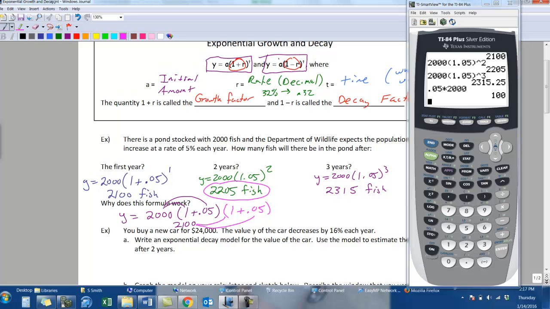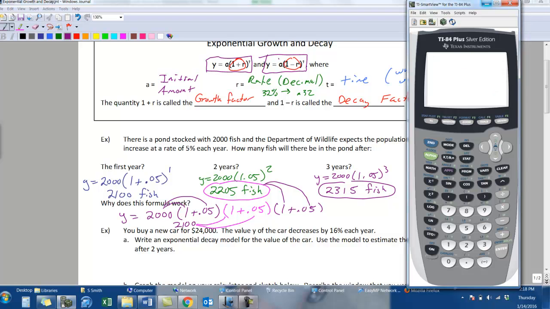And then the third year would be another 1 plus 0.05. Distribute the 2,205 fish to the 1, and then a 5% growth, and that's where we come up with our 2,315 fish. So this exponent allows us to do this calculation 3 times just in a tidy little package like this, and our calculator will churn it out for us.